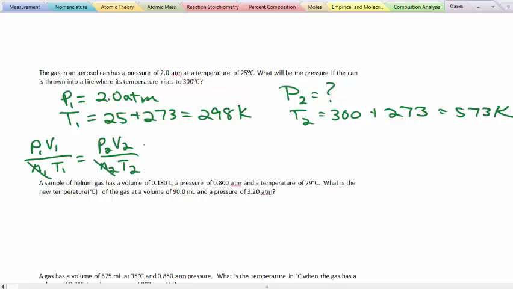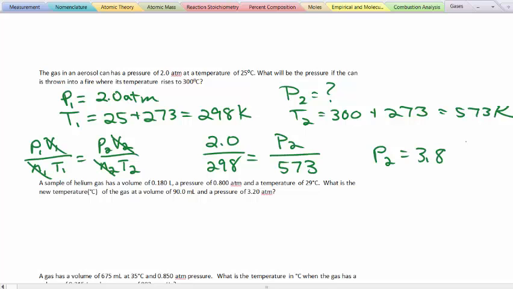I'm not changing my number of moles, and in here it's in a can, so my volume is staying the same. So I have P1 over T1 equals P2, which is what I'm solving for, over T2, 573. So I have 2 times 573 divided by 298, which is 3.8. Again, pressure and temperature are directly proportional. If I raise the temperature, I would expect the pressure to increase as well.